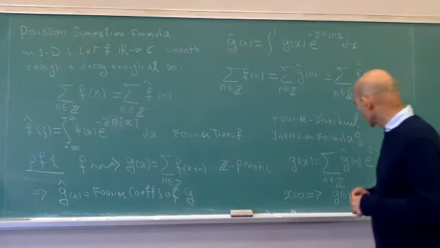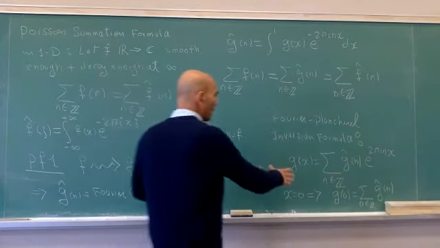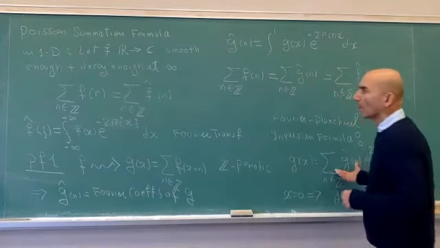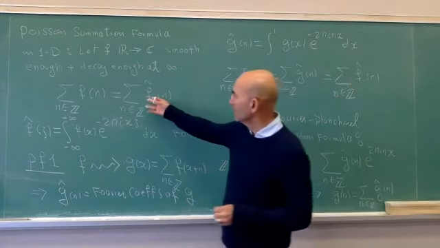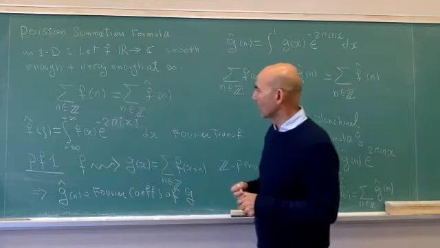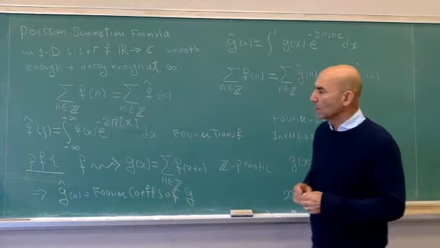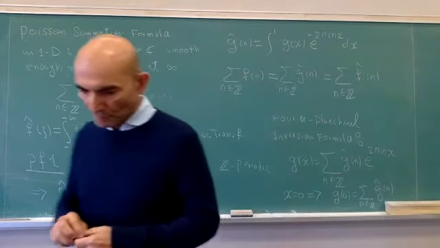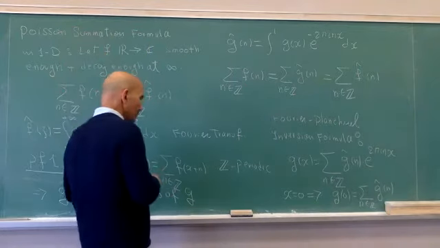So this is a more general version of the Poisson summation formula, but for now this is good enough for us. So that's our first proof.